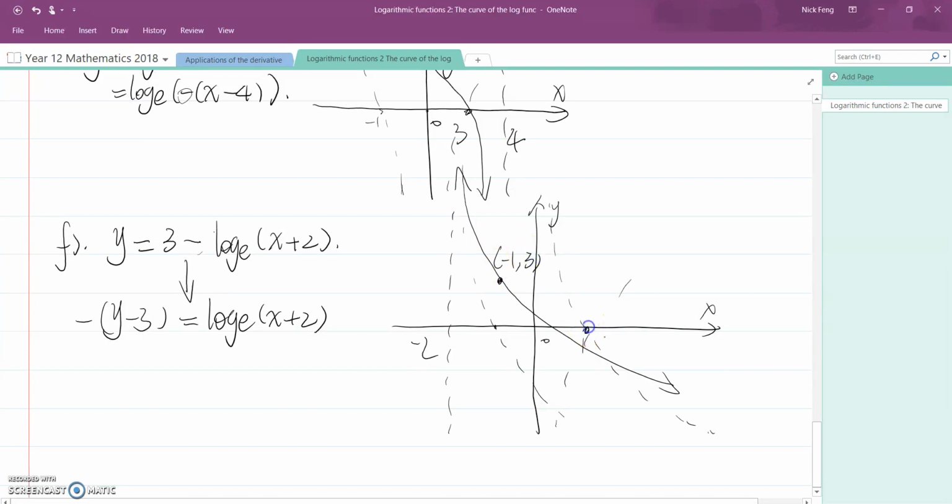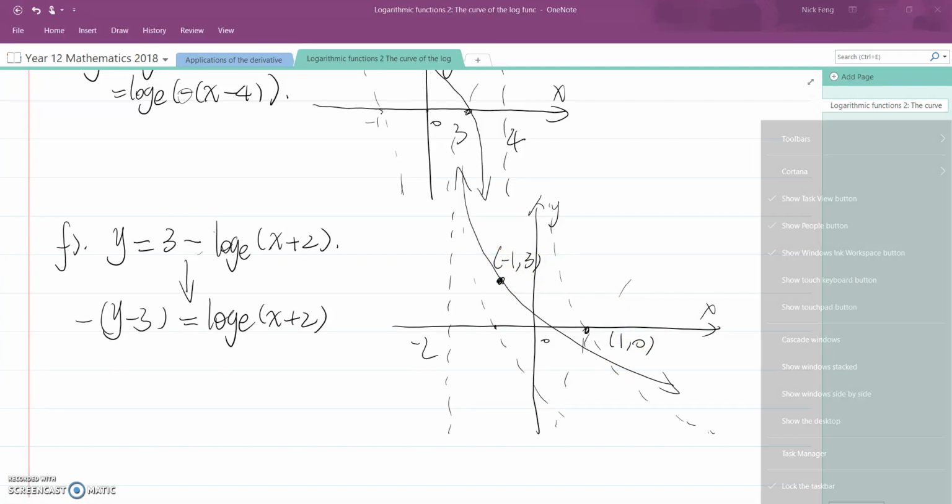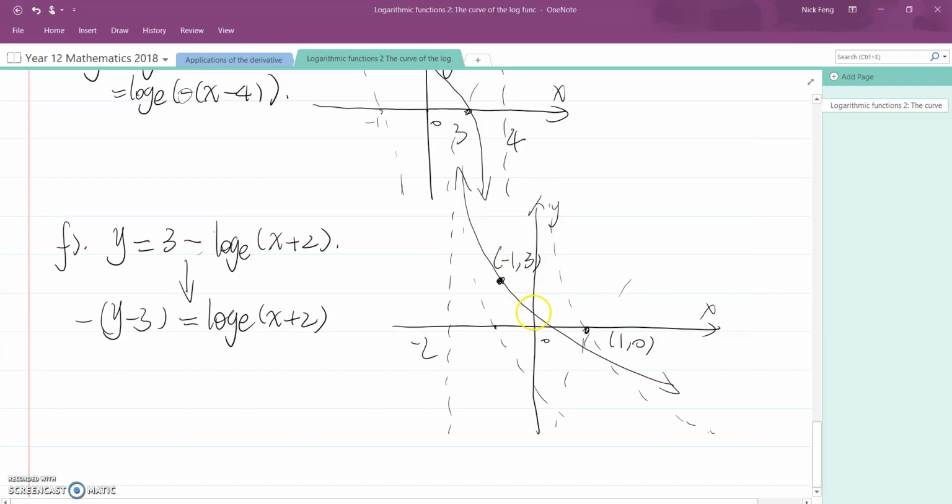Because the original one here is (1, 0). It shifts to the left by 2 units and shifts up by 3 units. That's how you get from (1, 0) to (-1, 3). That would be the point you want to mark. And if you want to find out what this point would be, again, just substitute 0 in here, which is 3 minus log 2, if you let x equal 0 for the original function.